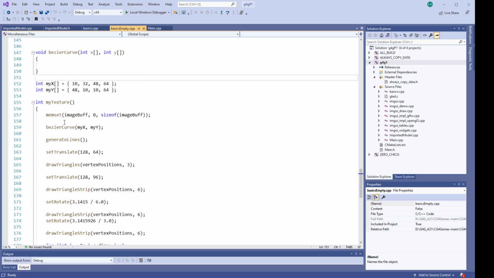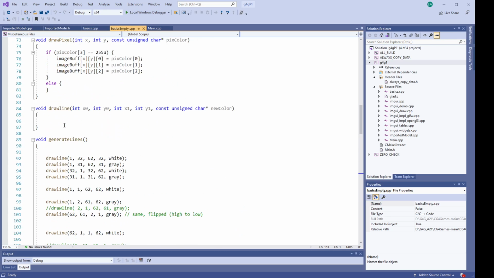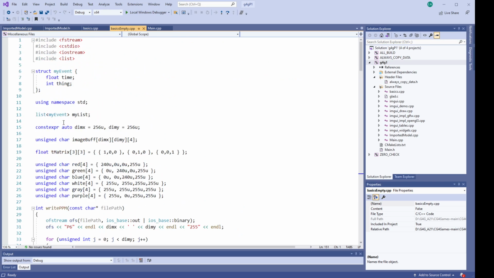But the main thing in here is that at the beginning, you'll see these two lines that establish the x and y dimension of the texture we're going to create. It's going to be a very simple buffer that's just an x and a y, so 2 dimensions, and 4 unsigned characters per position on there.